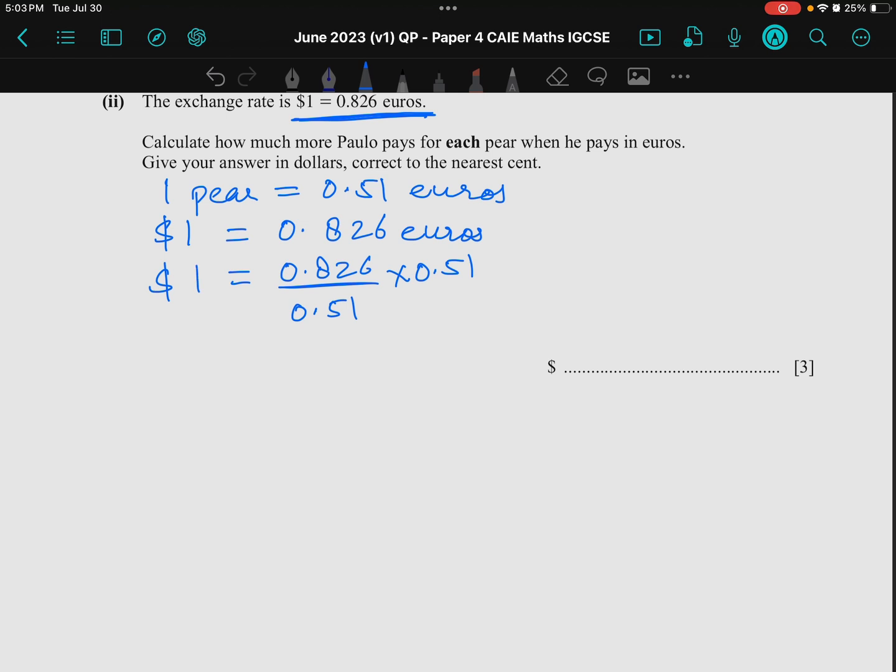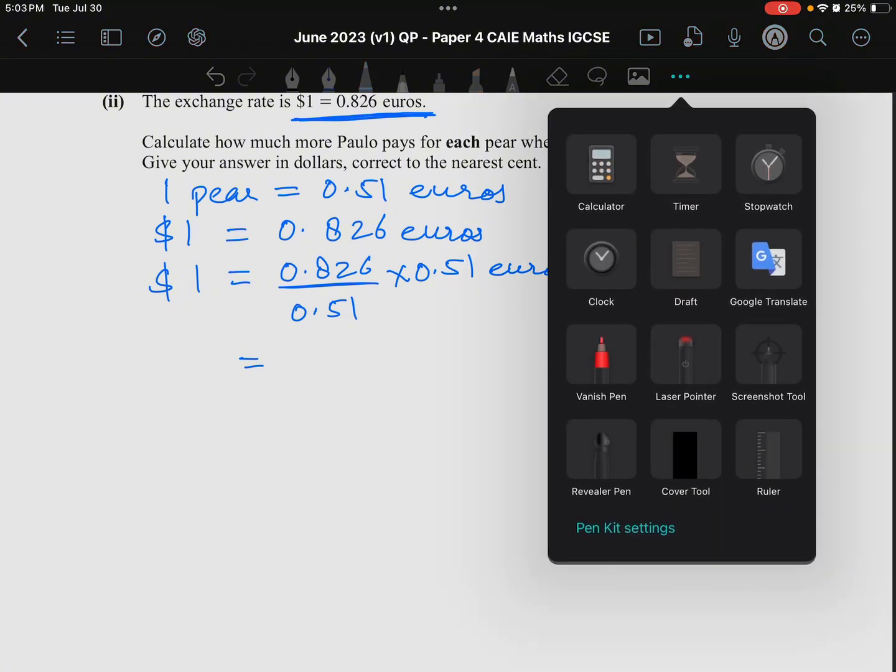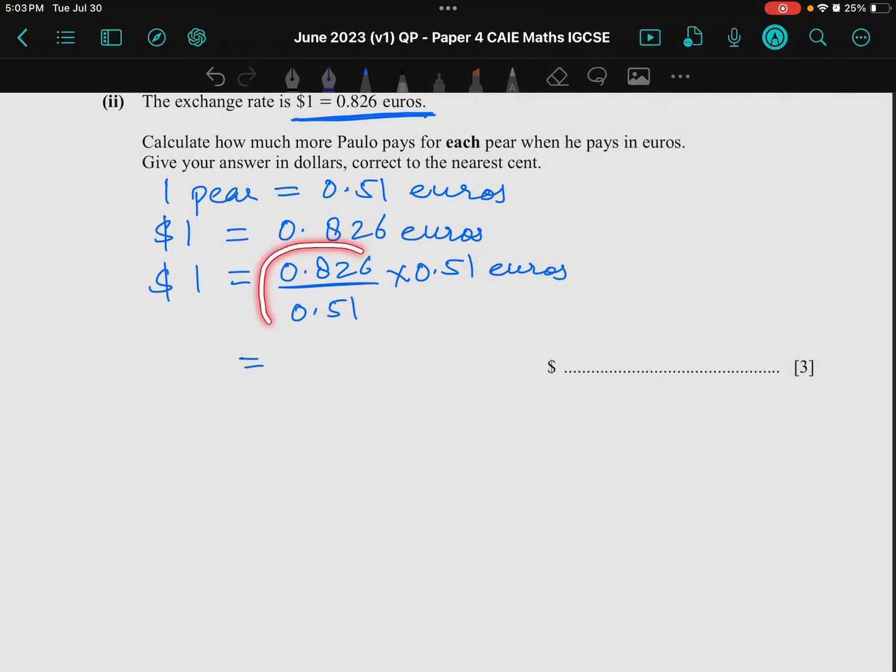Then what you can do, if you take this to the other side of the equals sign, you will get the value for 0.51 euros. So it will be $1 multiplied by, it becomes the reciprocal, 0.51 upon 0.826.